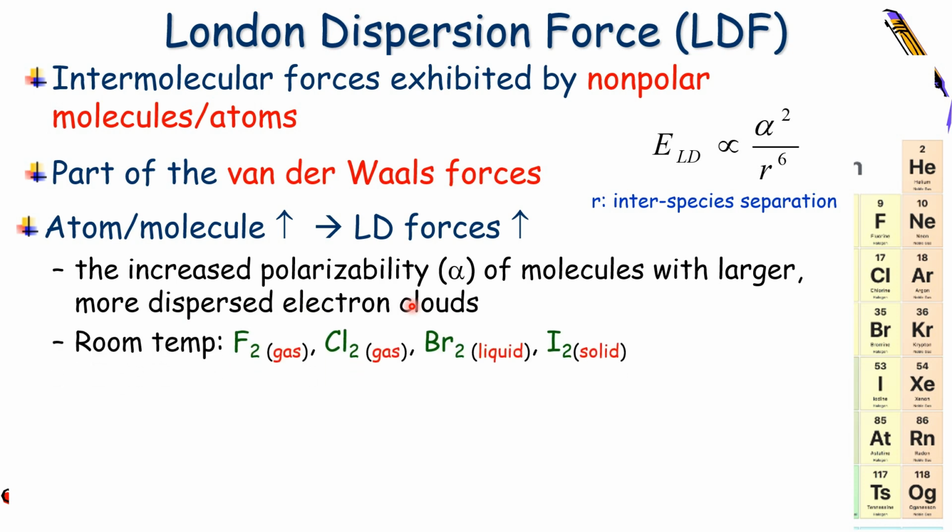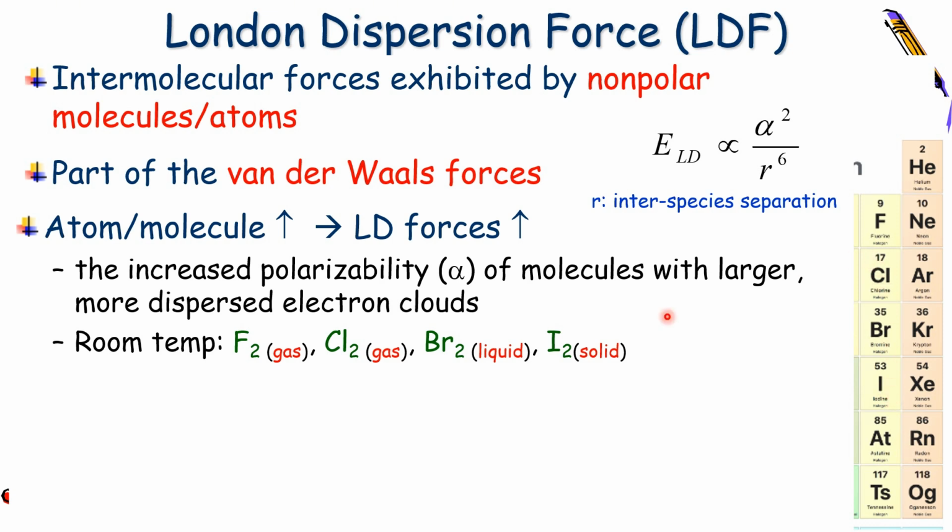So this example tells you that in the periodic table, at room temperature, which is about 1 over 40 electron volt of energy, fluorine is in gas form, chlorine is in gas form, but bromine is in liquid phase, and iodine is in solid phase. So it's very different.